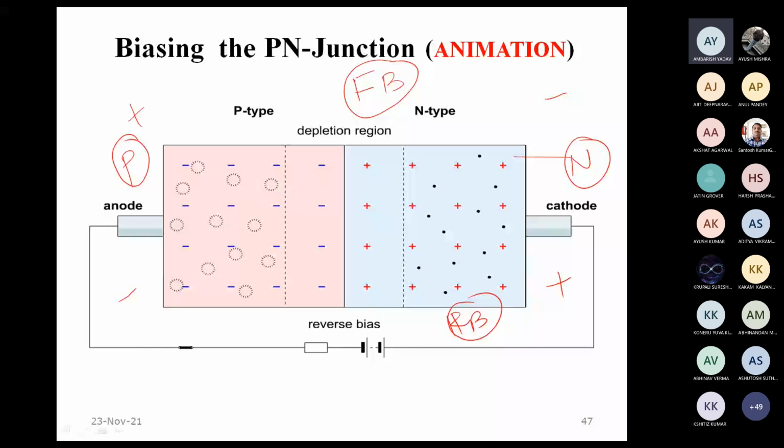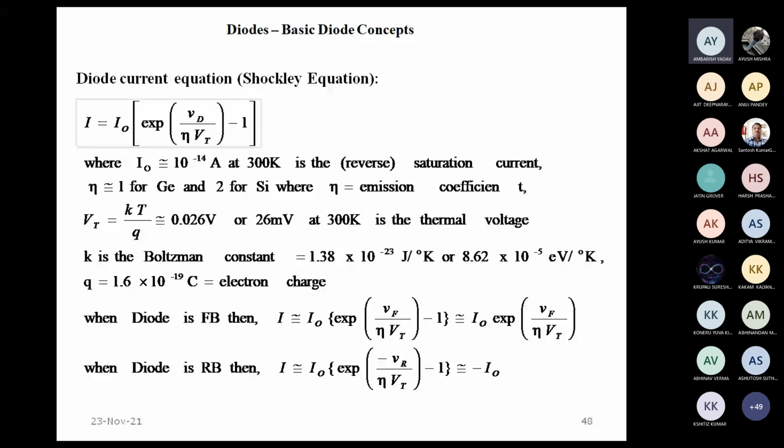Already we have seen this diode current equation, which is also called the Shockley equation. In this equation we have I, the diode current, sometimes also called I_D, equal to I naught times exponential of V_D upon eta V_T, minus 1.